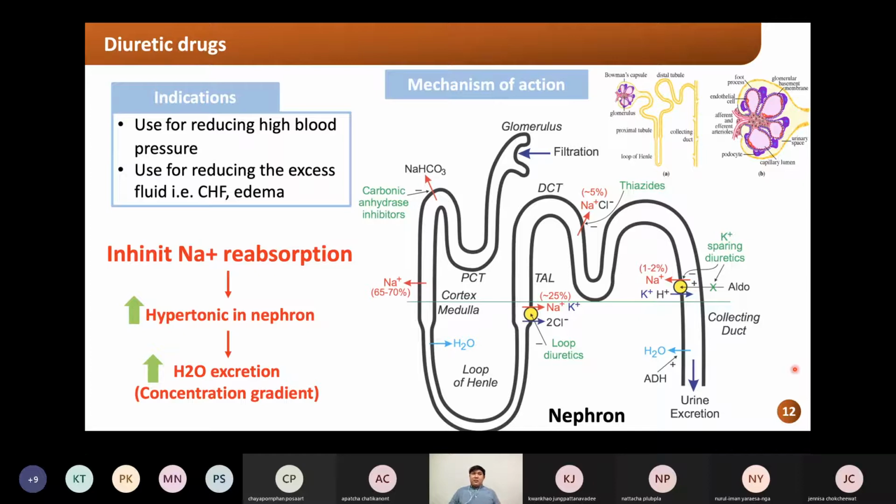In Thai, we call it โรคท้องมาร, from liver disease. So in this case, the doctor may provide the diuretic drug to excrete the excessive fluids in the intraperitoneal cavity of the patient out.